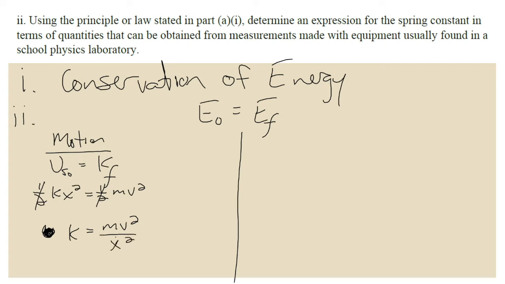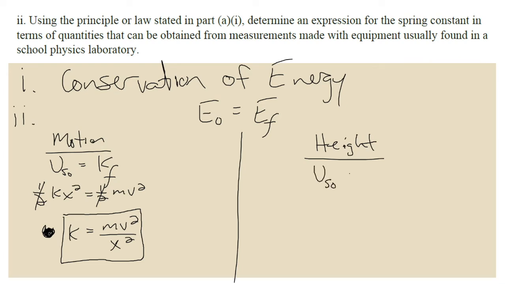Now, as I mentioned, in any experimental design question, the equation is key. So notice how they're setting you up here for this. Everything is going to flow from this equation. And that's why doing that pre-planning here in the beginning is really important. If you use the idea that this thing is going to gain some height at the end, then your equation is going to look like this, where the initial elastic potential energy is equal to the final gravitational potential energy.